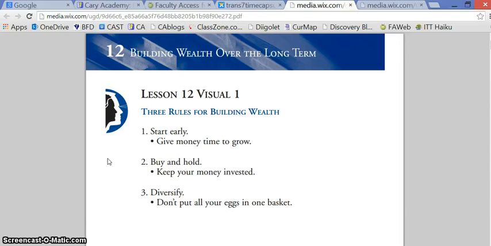And so you'll see buy and hold. That means that you save your money by investing in things, buying the stocks and the bonds, et cetera, et cetera. And you keep your money invested for years and years and years. 30, 40 years, we're talking. And you don't touch it. That's how you build wealth.